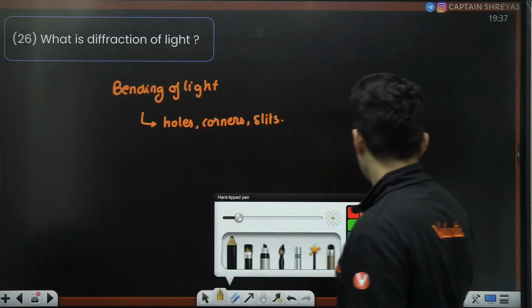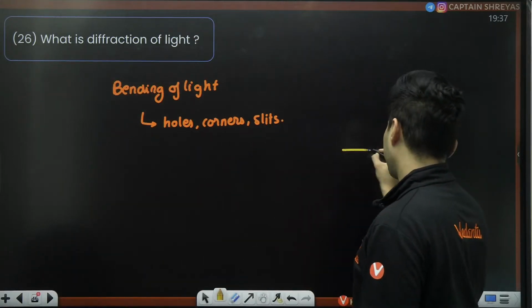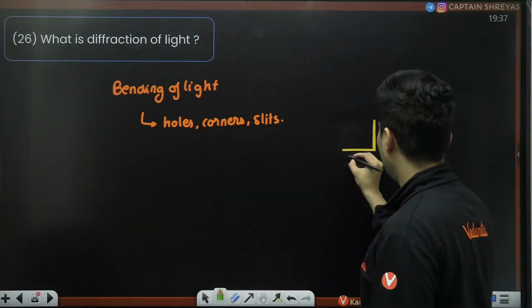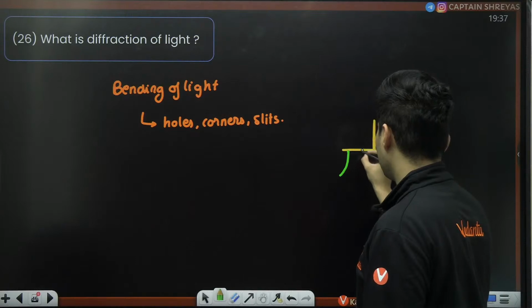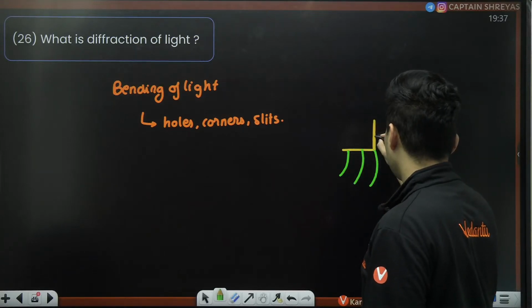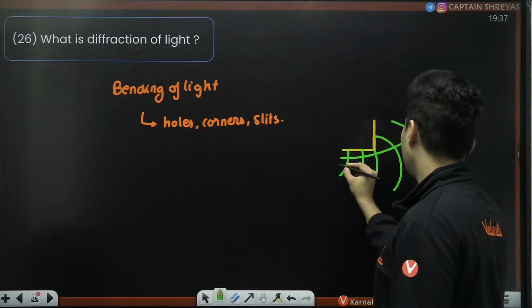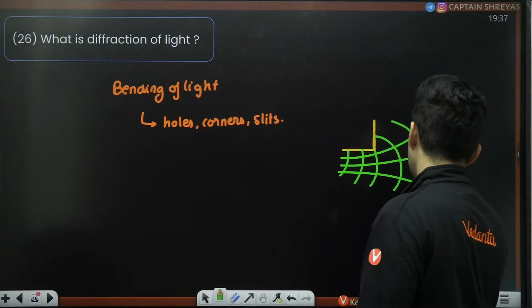So you can show things like this. Say this is a corner, and if light was traveling like this, then it will basically bend. So you can see light is bending. These are the rays of light.